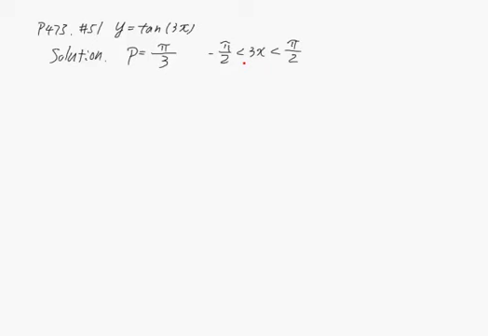Now we divide both sides by 3, then we get negative pi over 6 less than x less than pi over 6. At x equal to negative pi over 6 and pi over 6, this graph has vertical asymptotes.